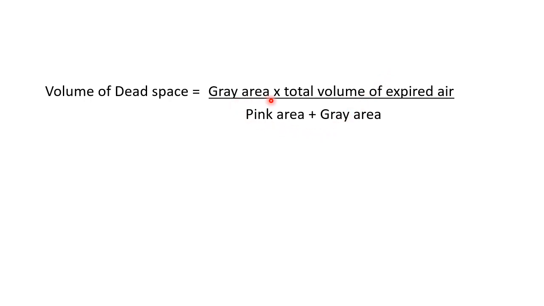So that will be divided by the percentage of pink area plus gray area, which will total 100%. Okay, so the percentage of the gray area times the total volume of expired air, which is 500 ml, divided by 1. So that will tell you the volume of dead space.